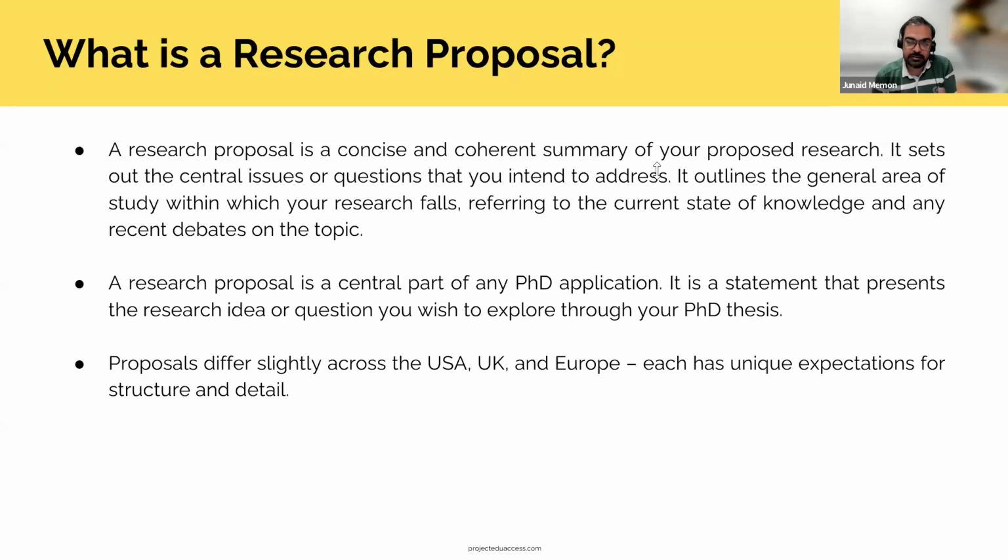For example, in engineering, you'll be exploring papers from IEEE Xplore and something like that. What you need to do in your research proposal is write a very concise and coherent summary of what you want to do in your PhD, and you tie it with your current experience and expertise as well.